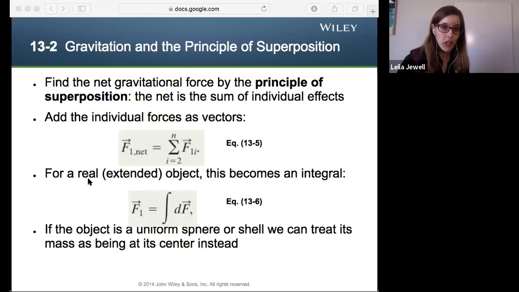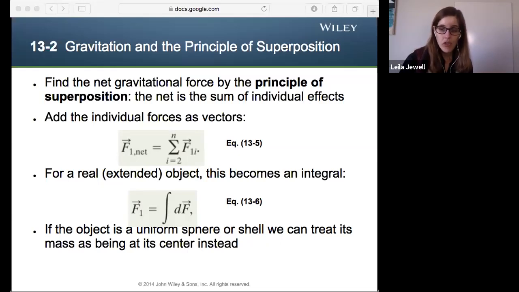One that we will use a lot, though, is if the object is a uniform sphere or shell. Based on the shell theorem, we can treat its mass as being at the very center, and we don't need to worry about the extended object shape and do that full integral. So this is a fairly simple principle, but it makes a big difference in calculations.